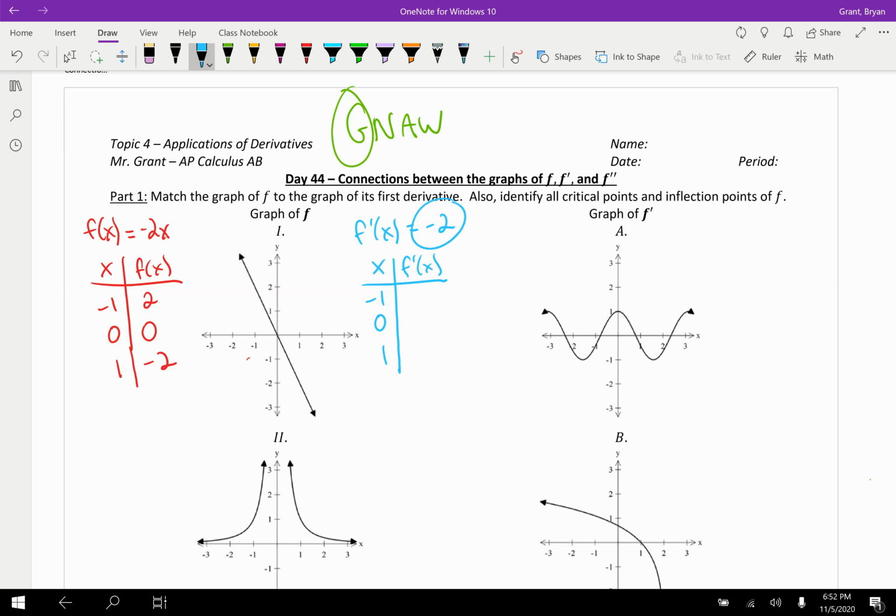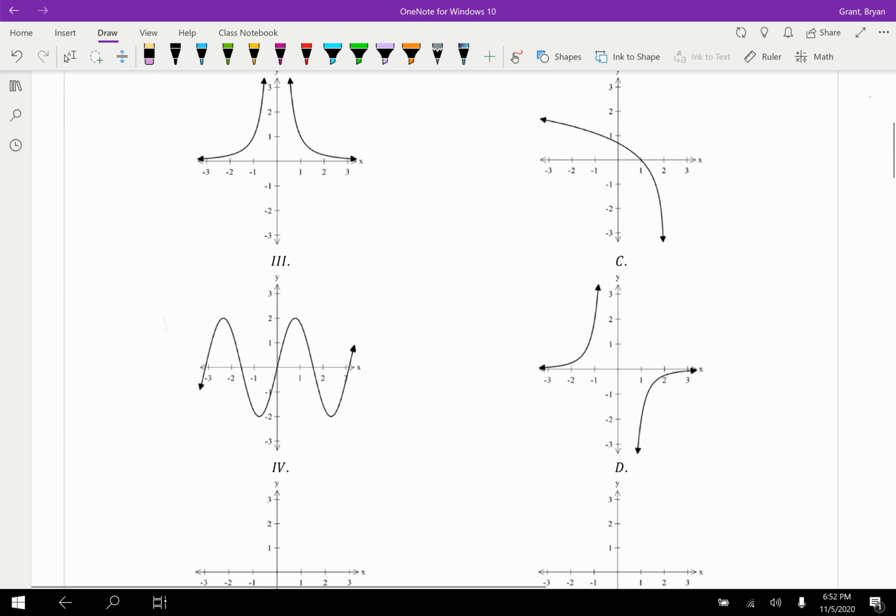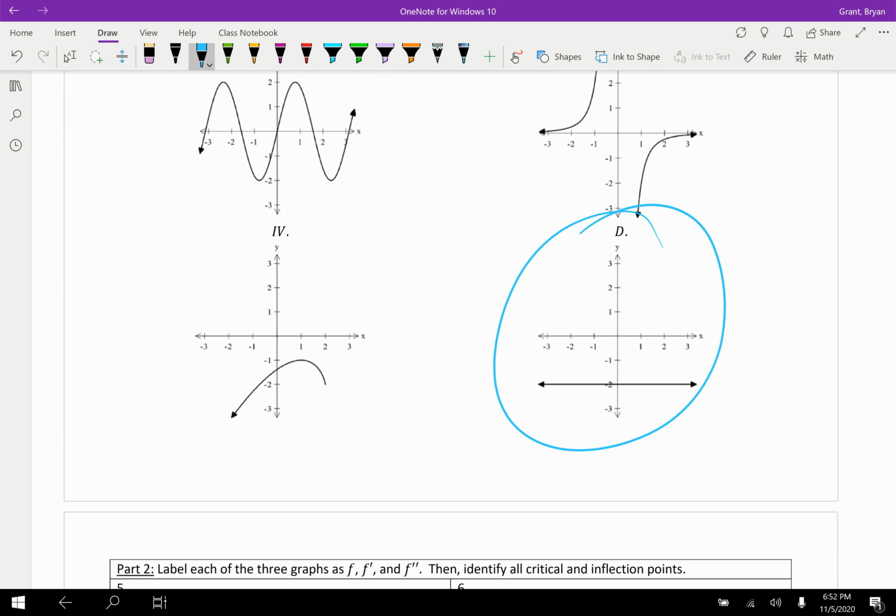Well, it tells us the output, regardless of the input, is always negative 2. So we have this. And of course, this gives us 3 points as well. The points negative 1 comma negative 2, 0 comma negative 2, and 1 comma negative 2. And I think looking down at the graphs, it won't shock you too much to see that this matches D. And here are the 3 points that we plot here on this graph of f prime of x.